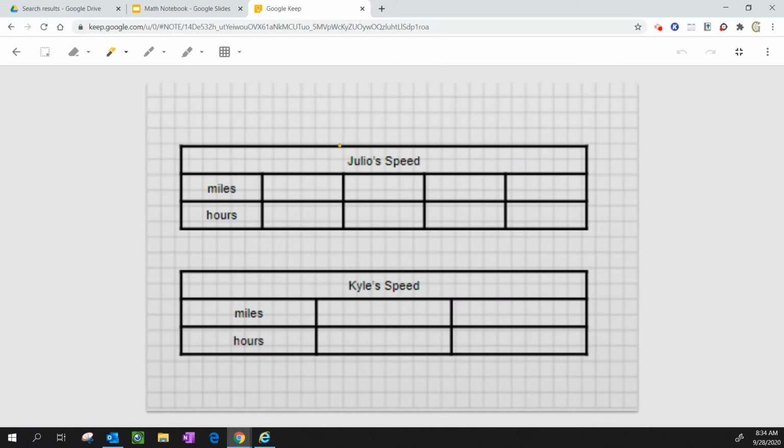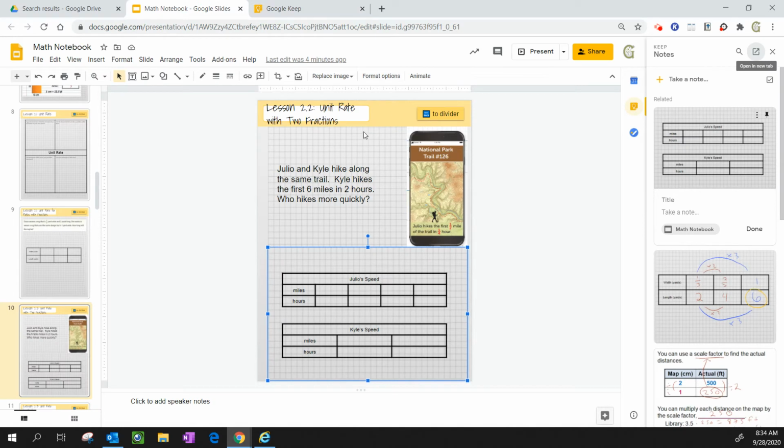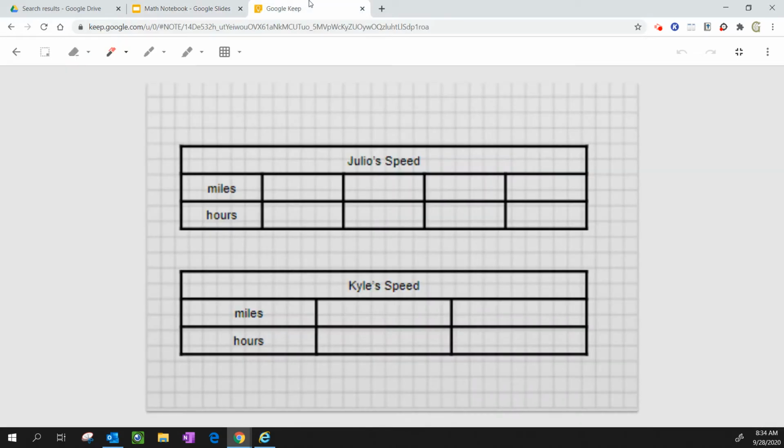So first one it has us do is Julio speed. Go ahead, change my color a little here. Okay, Julio speed. So if I go back to the problem, Julio is the one on the phone here. It says he hikes the first half mile of the trail in a quarter hour. So he can do a half mile in a quarter hour.